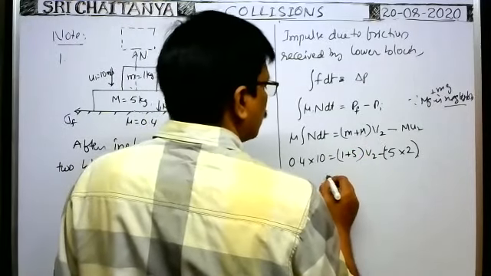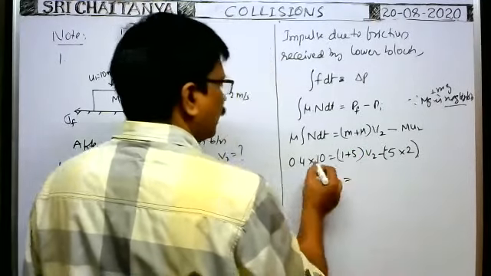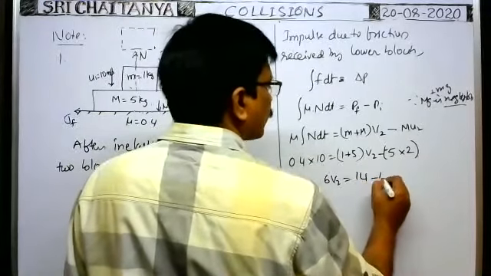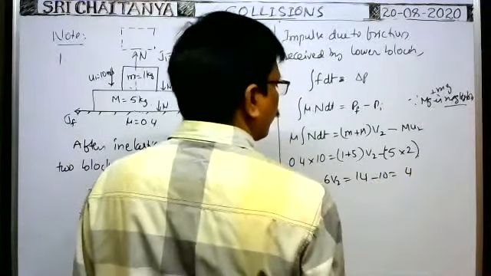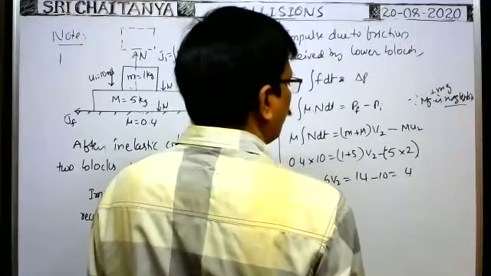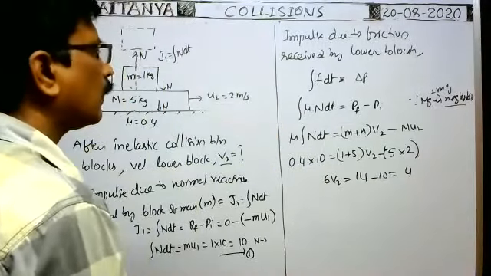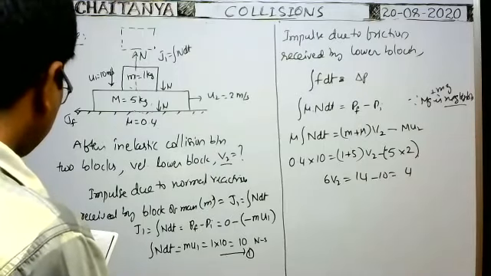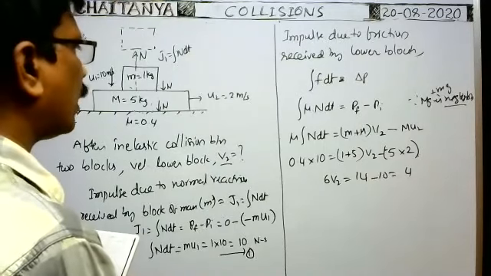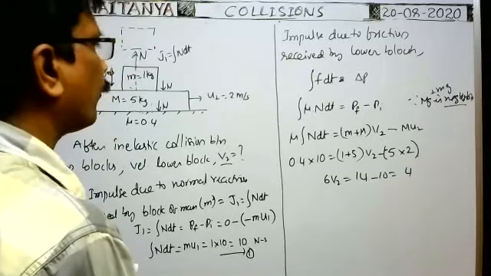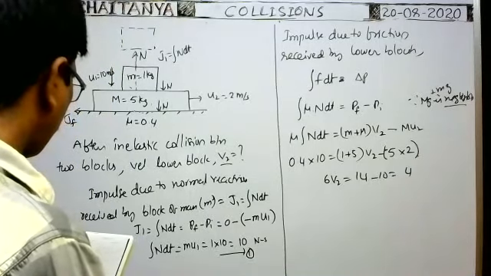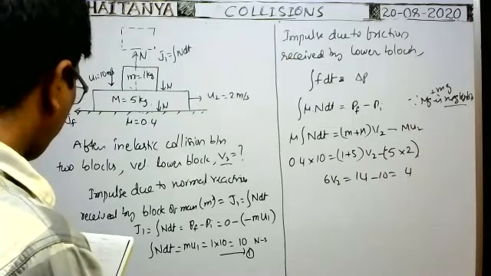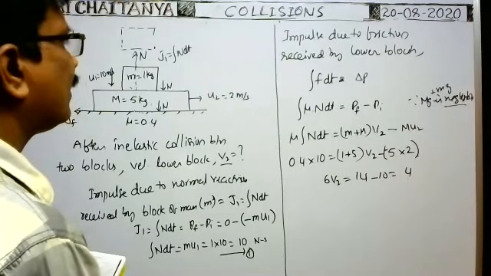Okay, now 6v2 is equal to, here it becomes 14. 14 minus 10, that is equal to 4. So therefore, after collision, what about the velocity? Is it correct or not?